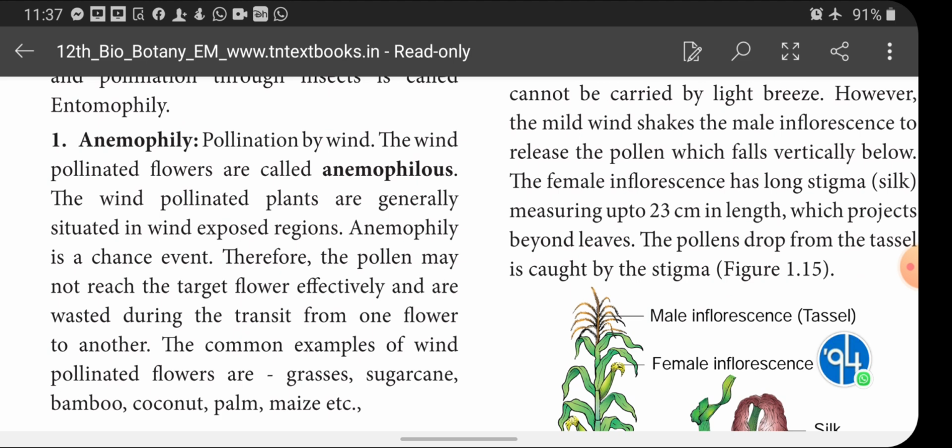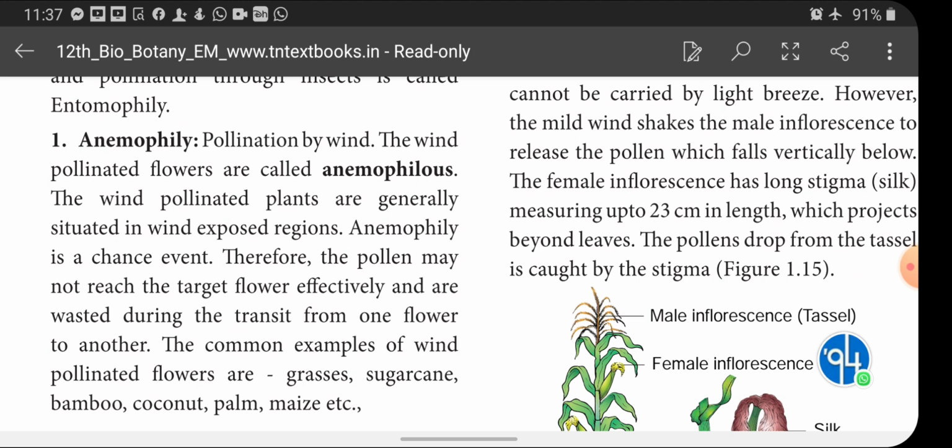The wind pollinated plants are situated in wind exposed regions, and it is a chance event. Why is it called a chance event? You know very well: wind carries the pollen grains. While carrying, there is much wastage of pollen grains on the way, and the chance of falling on a suitable stigma is also very rare, or by chance only.